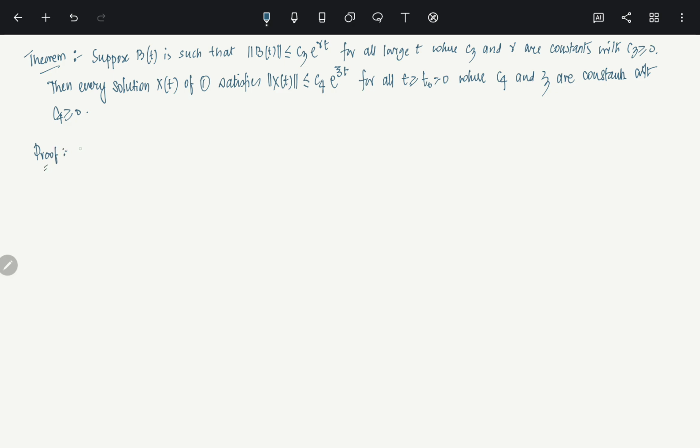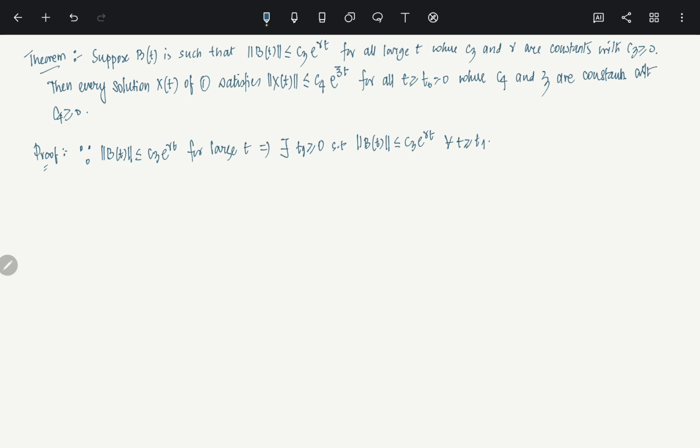Since the norm of b of t is dominated by c3 times exponential gamma t for large t, that will imply there exists, let's say, t1 greater than or equal to 0, such that the norm of b of t is dominated by c3 times e to the power gamma t for all t greater than or equal to t1.